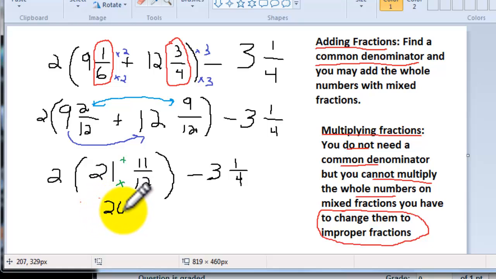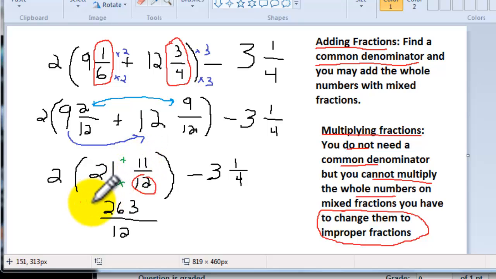So whatever we multiply and then add, we put it back over that 12 right there, because we don't lose the denominator. The denominator stays the same. All we've done is cut up 21 pies into 12ths and added all those 12ths to the 11/12. That's the short version.